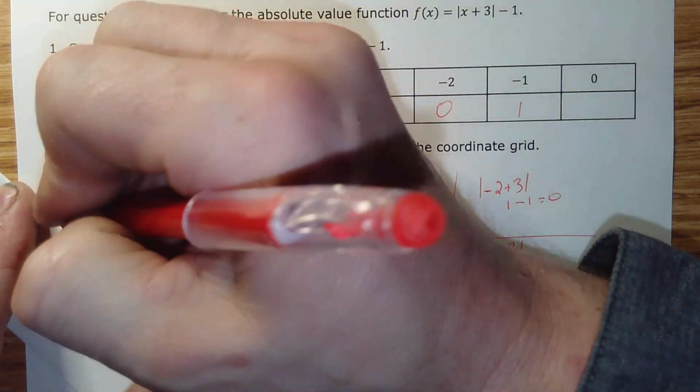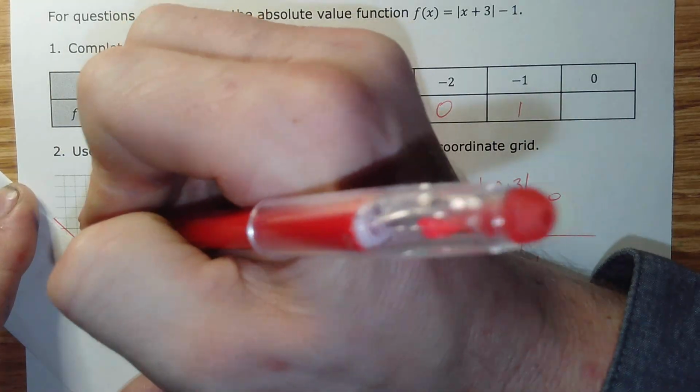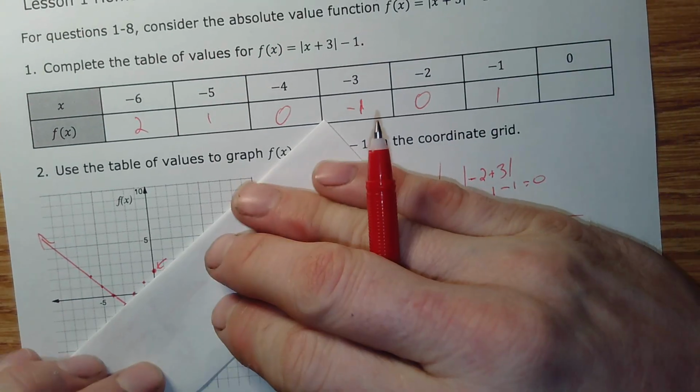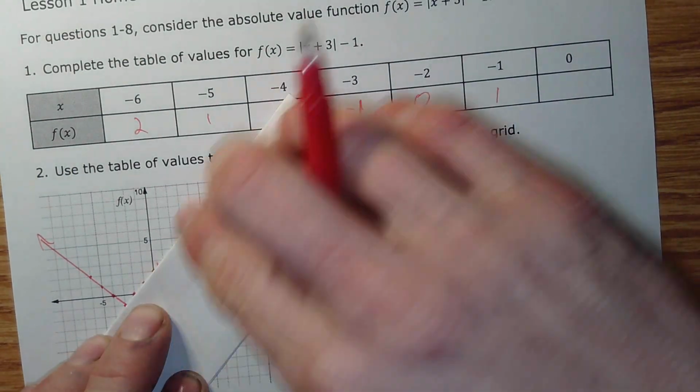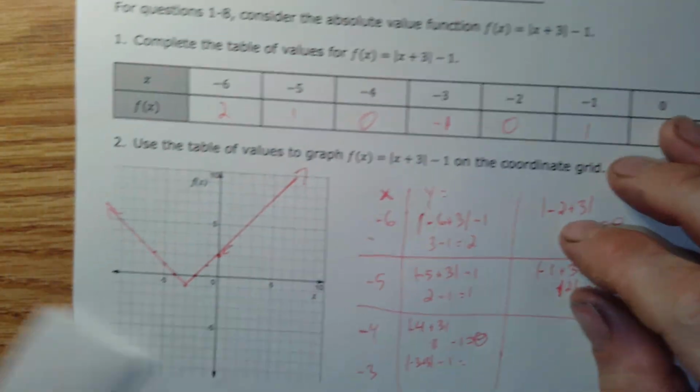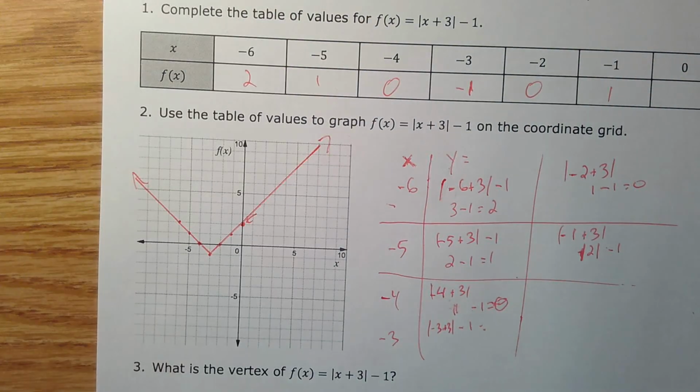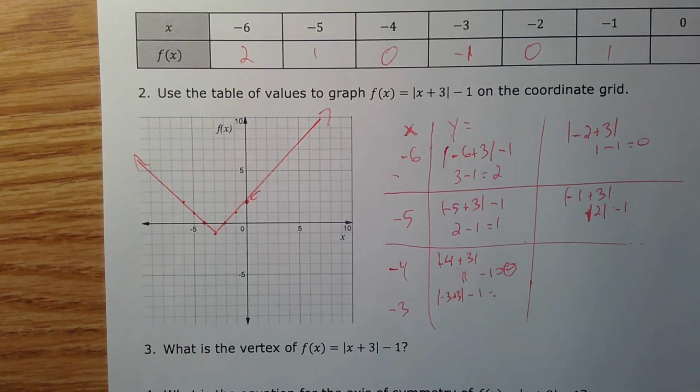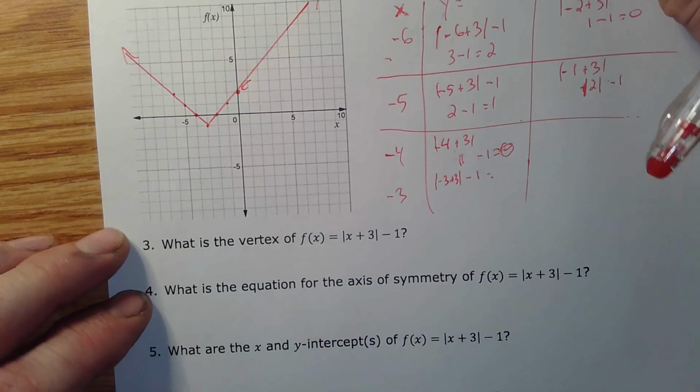So this is going to look like that to my vertex. Vertices aren't only applicable to parabolas, so it's going to look like that on my graph. Let me zoom out and finish the rest of this.